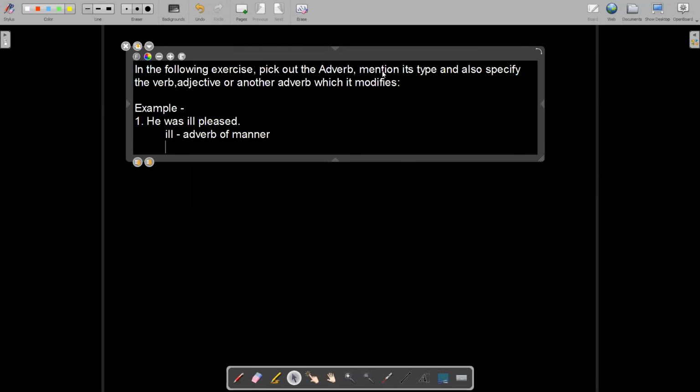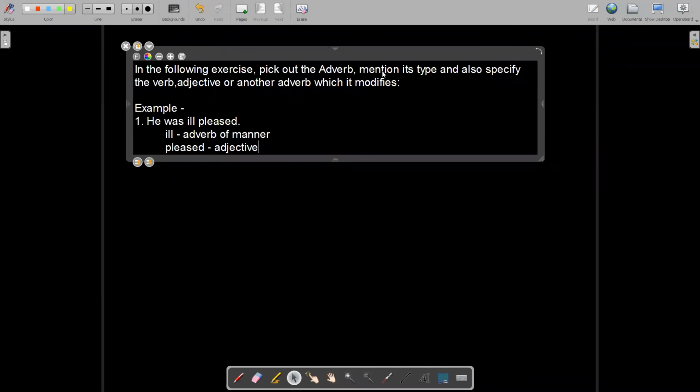How pleased he was? It is asking the question how. So ill pleased. And what is it modifying? It is modifying the word pleased. And pleased is what? He was ill pleased. That means it is modifying an adjective.